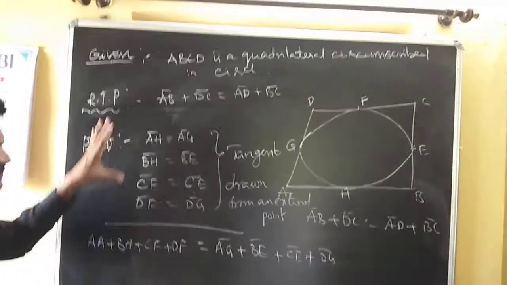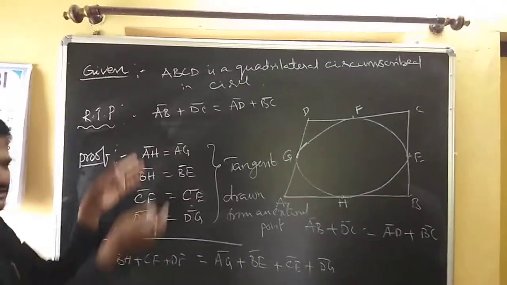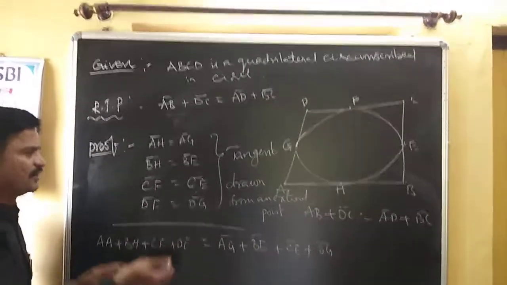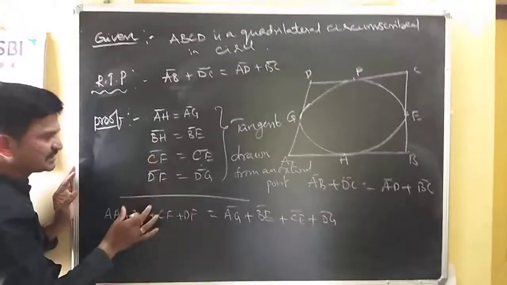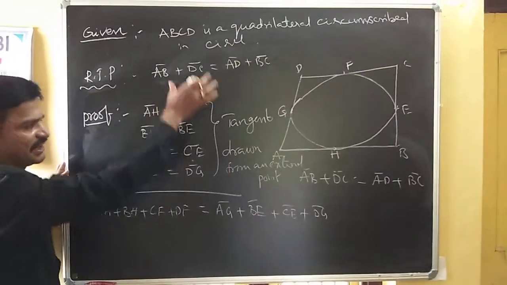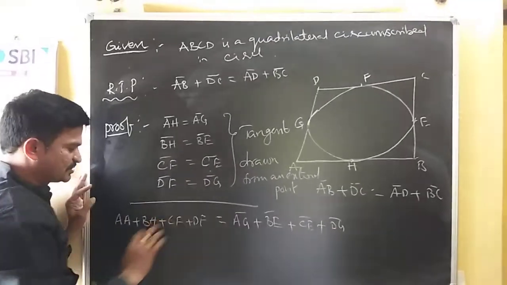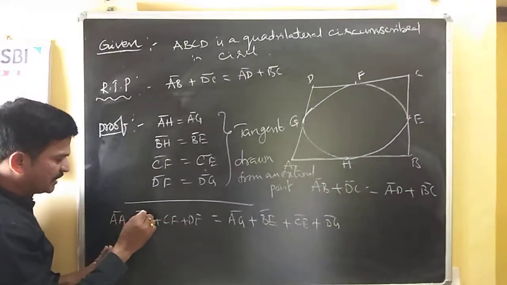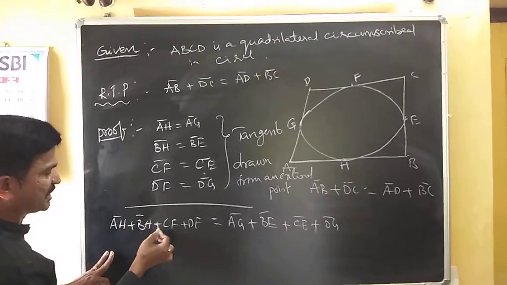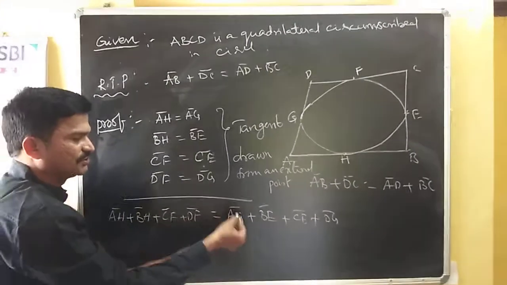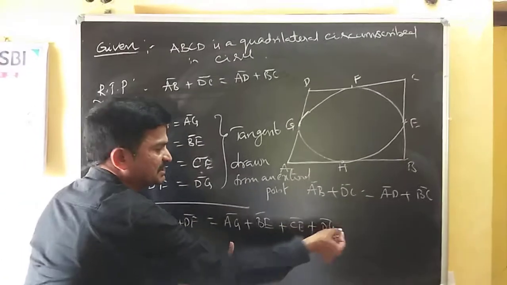We know that if equals are added, the results are also equal. So as all LHS and RHS are equal, the sum of the lengths of the LHS part and the right side part are also equal. So we got AH plus BH plus CF plus DF is equal to AG plus BE plus CE plus DG.